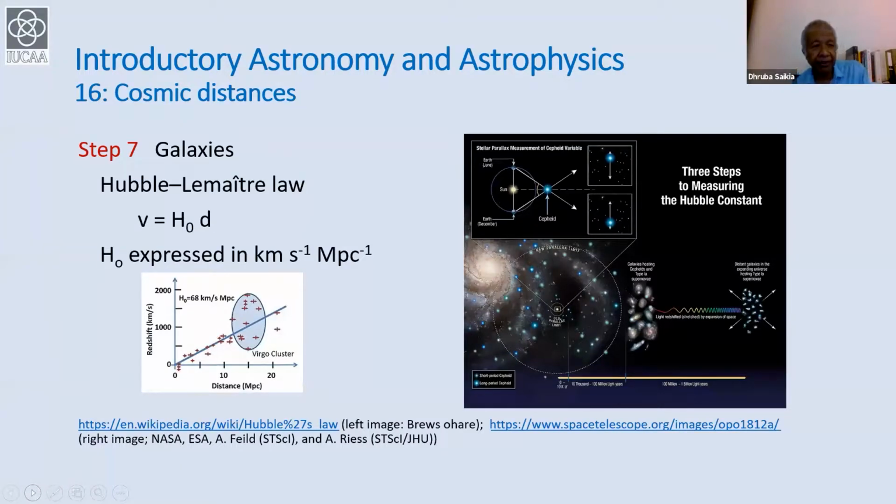Okay, this is just another illustration of the Hubble-Lemaître law, and this is blown up a little bit to show you that in a cluster, when you estimate velocities for a cluster of galaxies, in addition to the velocities due to the overall expansion of the universe, there will also be random velocities of the galaxies themselves. They're moving around in the potential well of the cluster.